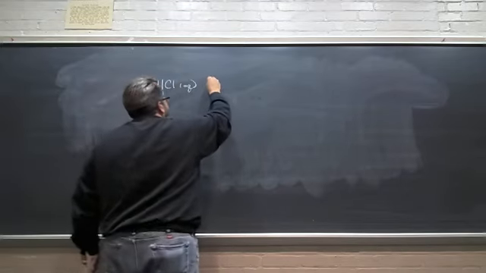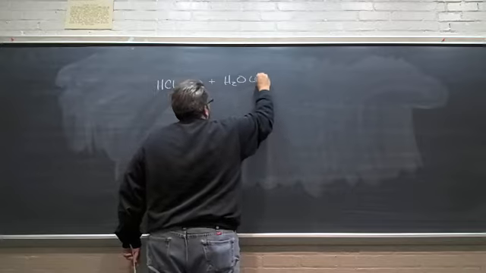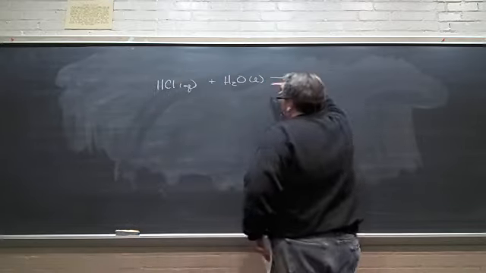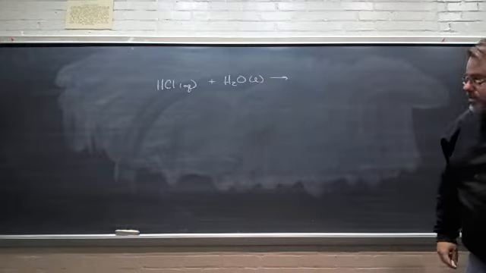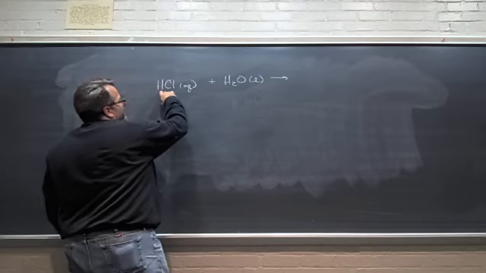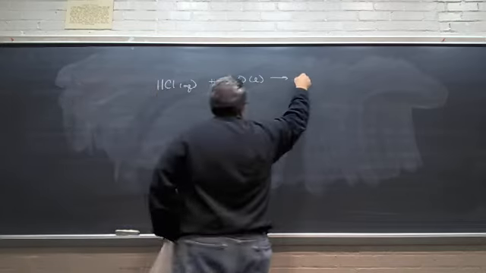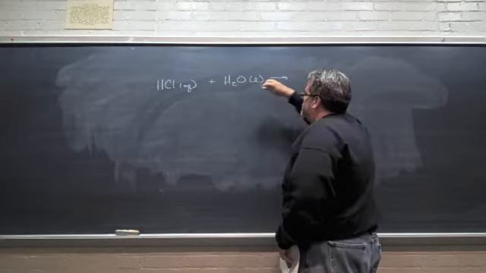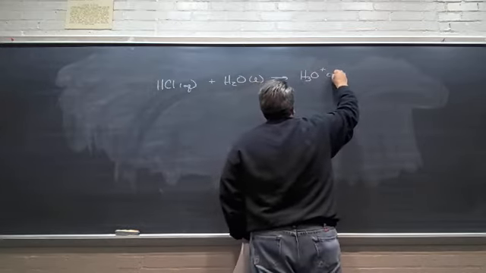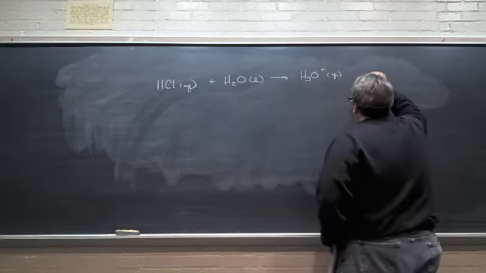For example, and this is one of those circumstances where it's helpful. You'll see what we're going to do with the H2O. All right. Hydrochloric acid is a strong acid, and so it's going to lose its H+, but because there's water around, that H+ is going to bind to that water molecule.